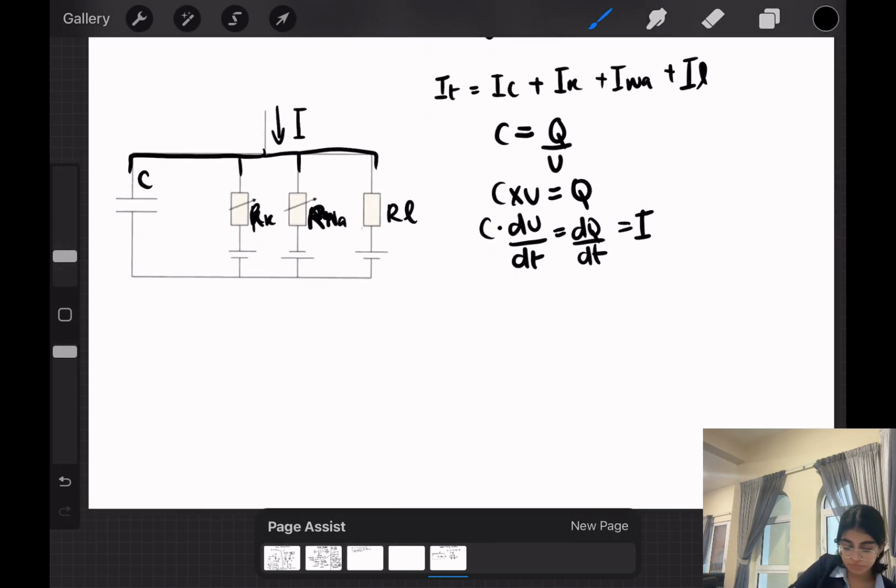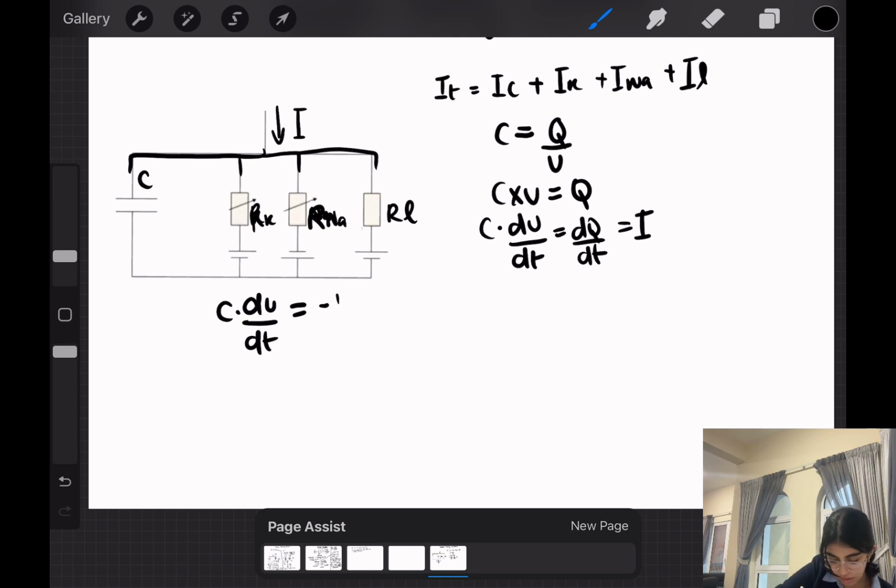So it can be written that IT equals C times dU by dt. Actually, we can bring C times dU by dt on one side and then try to bring everything else on the other side to solve this equation.